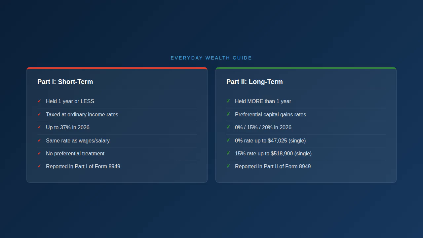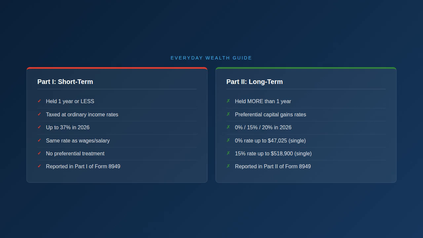Short-term and long-term, these two categories determine how much tax you actually pay, so it's critical to get them right. Short-term gains are from assets you held for 1 year or less. They're taxed at your ordinary income rate, up to 37% in 2026. Long-term gains are from assets held more than 1 year.